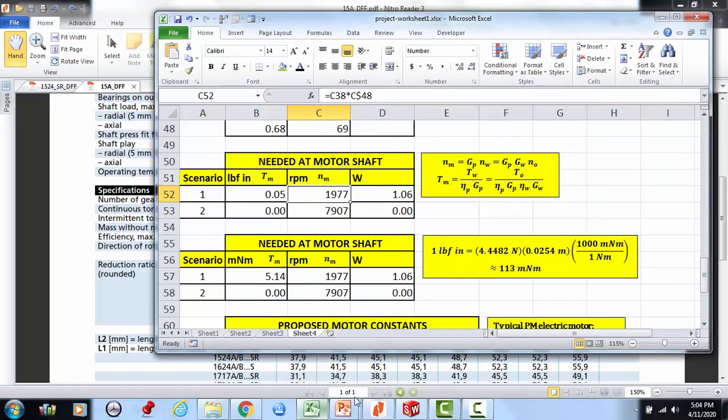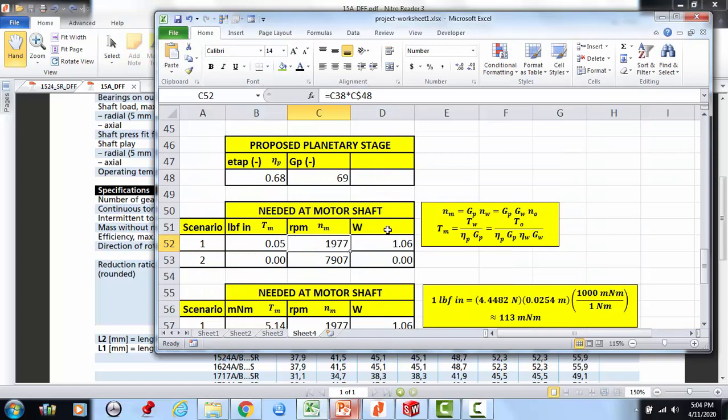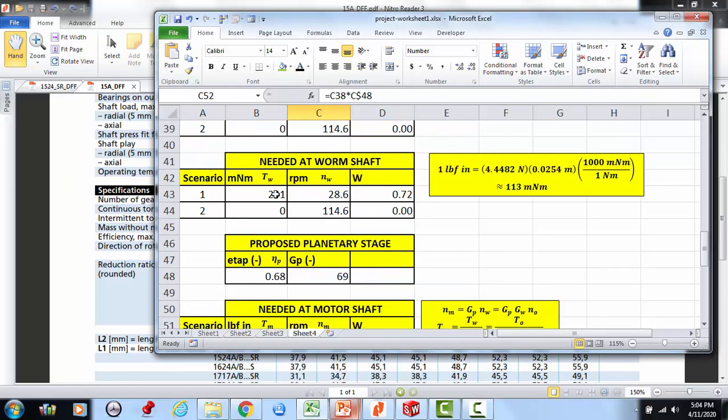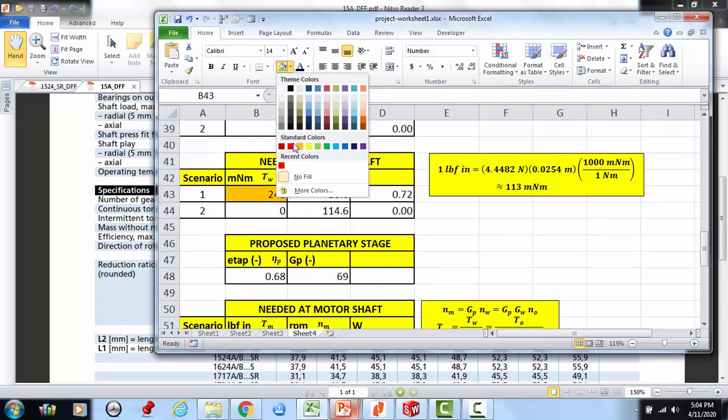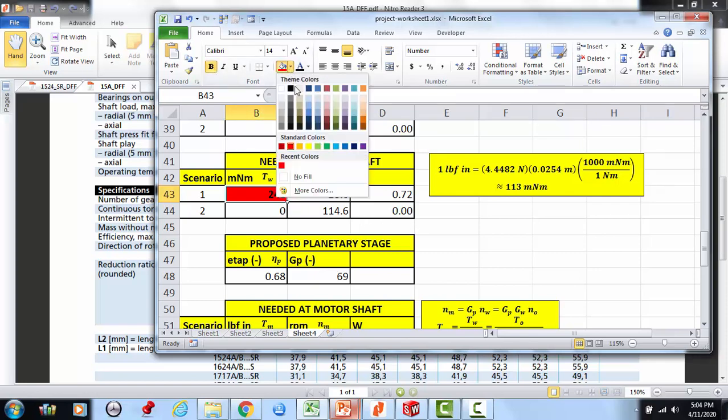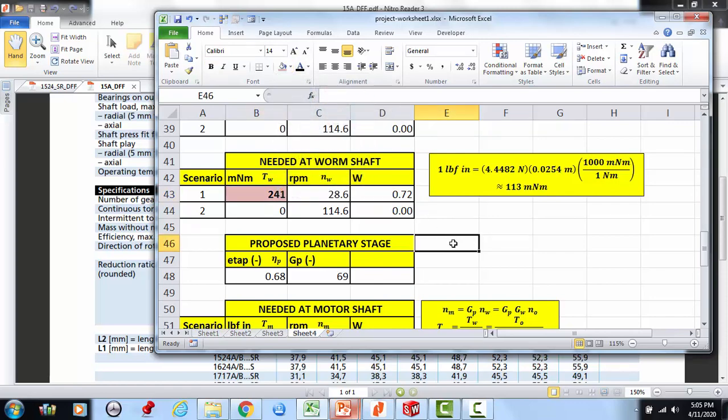So that's a big gotcha there. If I go back up here and look at what I need at the worm shaft, that is a little bit high. So I could put that in red here, bold it in red, so maybe a light red. Yeah, so that's a little bit out of spec there.